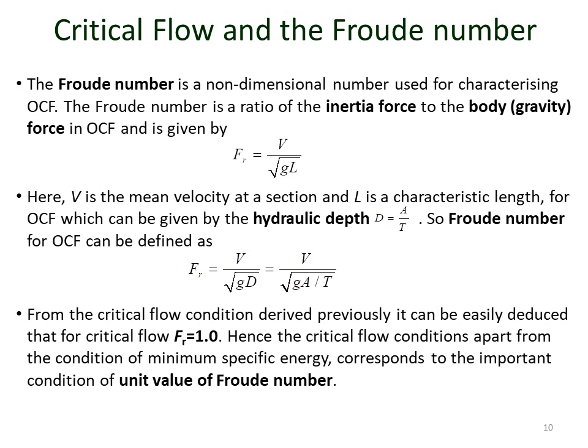Like other non-dimensional numbers, it's a ratio where the numerator represents the inertia force, and the denominator represents some external field. In the context of open channel flow, the external field is of course the gravity field, and the gravity field generates the body force.